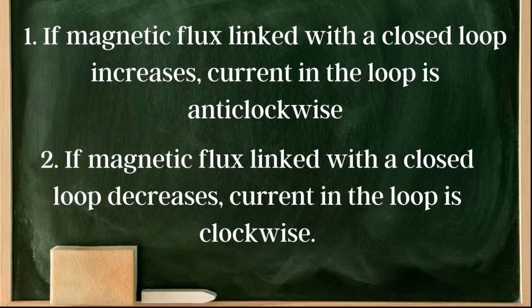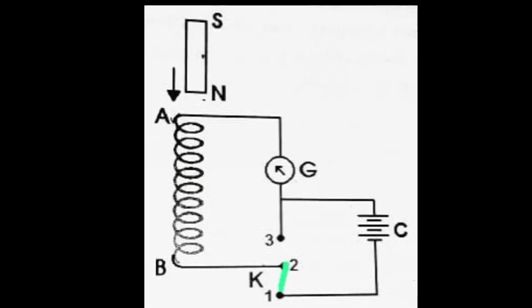Before this experiment, we must remember a few concepts: if the magnetic flux linked with the coil loop increases, current in the loop is anti-clockwise, and if the magnetic flux linked with the coil loop decreases, then current in the loop is clockwise.